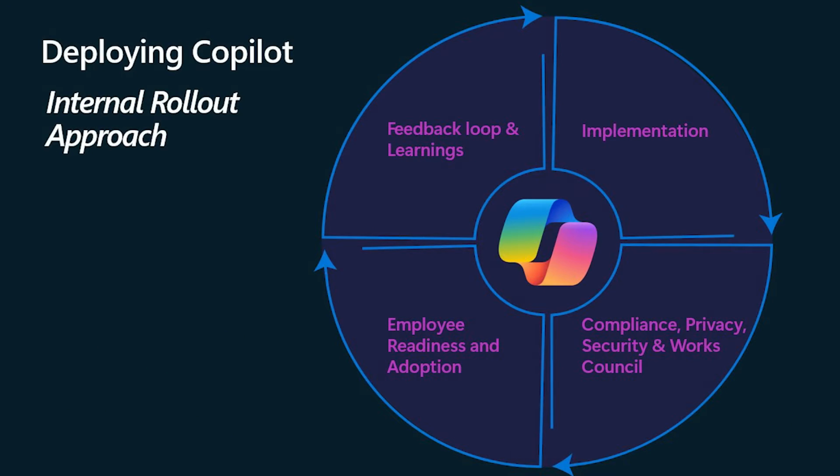Before going to that, I also want to go through how we roll out the adoption approach, how we roll out Copilot internally. If you were in the session early this morning, you may have already seen this, but we want to start with it to revisit how this whole life cycle iterates. Internally, we start with implementation, and we will drill down very quickly into what that means for administration.